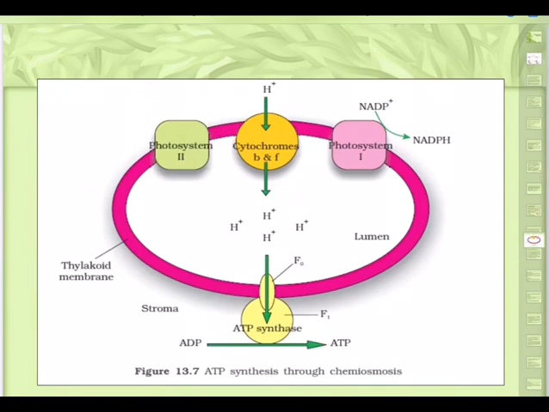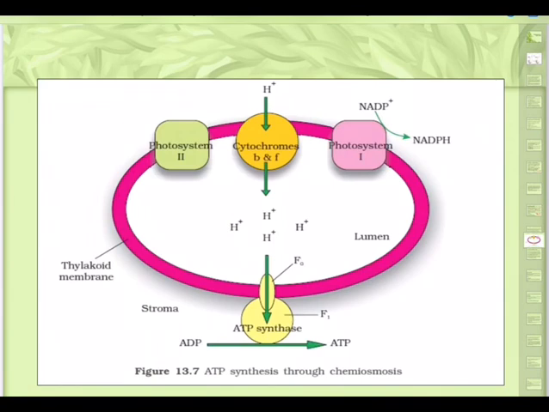The proton is released into the lumen while the electron passes to the next carrier, as we are seeing from PS2 through the electron transport chain to PS1. Electrons are getting transported. Remember cyclic and non-cyclic photophosphorylation. The NADP reductase is situated on the outer side of the thylakoid membrane.